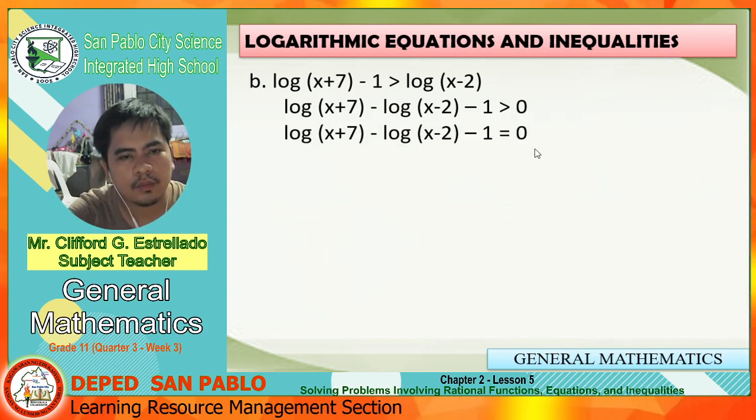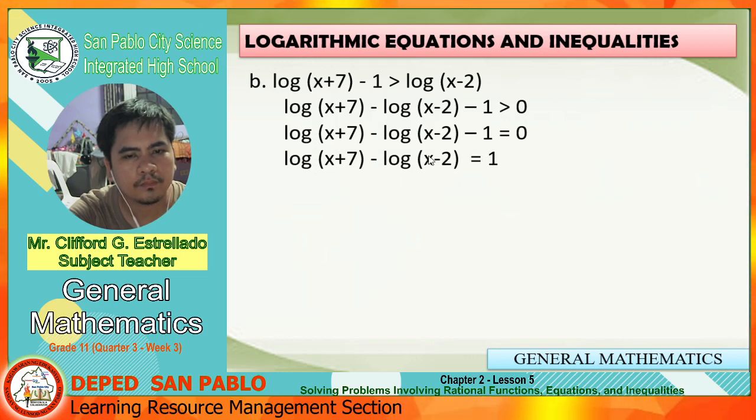So, magiging equal to 0 lang yan. Then, gawin natin single logarithm. So, we have logarithm of x plus 7 divided by x minus 2, the base of 10. So, equal to, so we just add 1 on both sides. So, equal to 1.